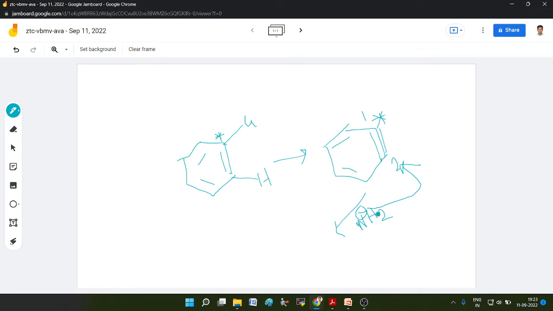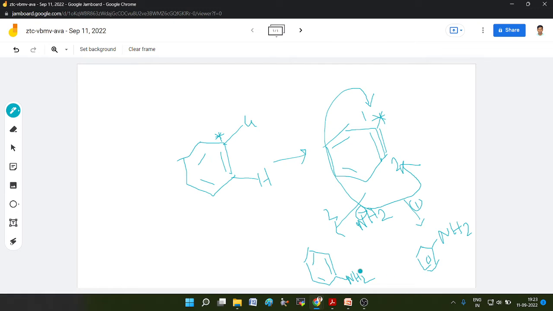So let's say it attacks at 2. Sorry, this arrow pushing is very bad. What we expect is the product. Let's say I am showing here 2. NH2 will be here, and in the other case, let's say 1, I put NH2 here.